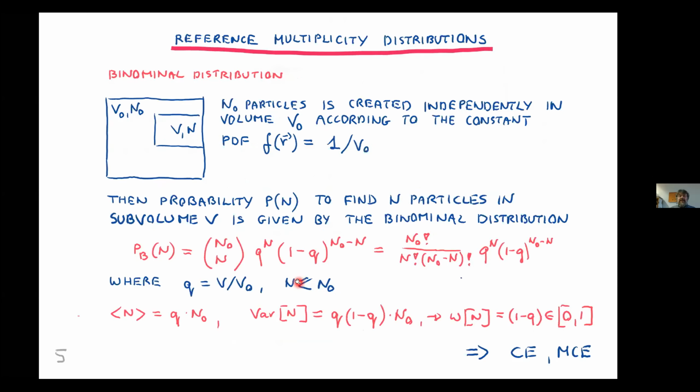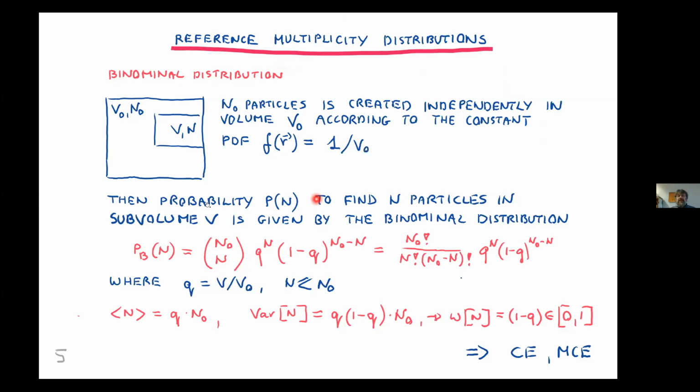Reference multiplicity distributions. I will tell you now something again pretty trivial, but it's preparing us to go to the predictions of statistical models. First, I will start with the binomial distribution as an important reference distribution. So imagine a box of volume V0, and we independently, randomly create in this volume N0 particles. We put their positions according to a uniform probability density function, 1 over V0.